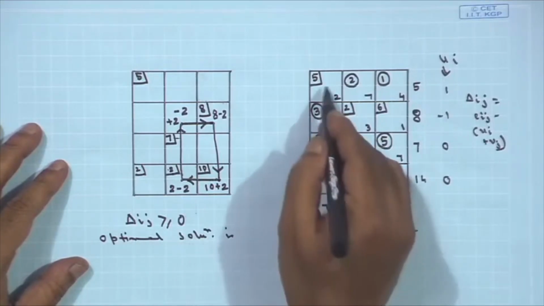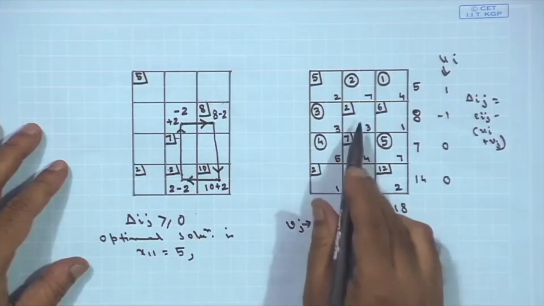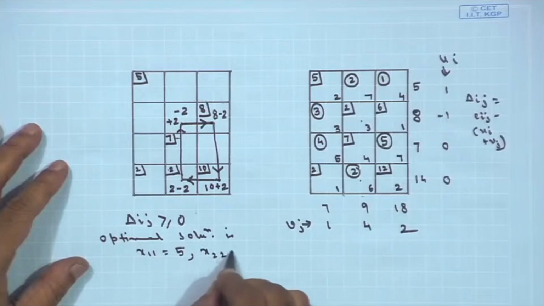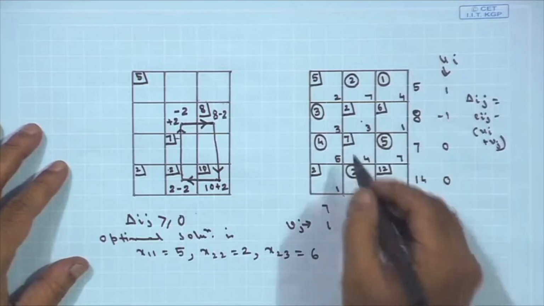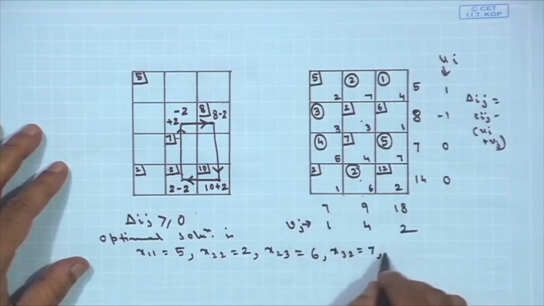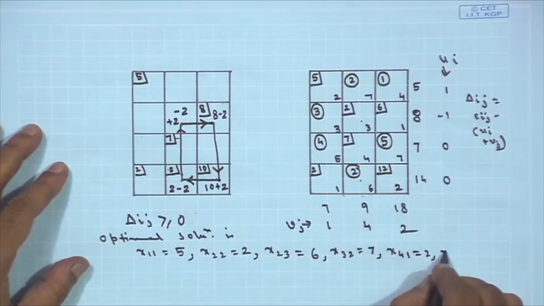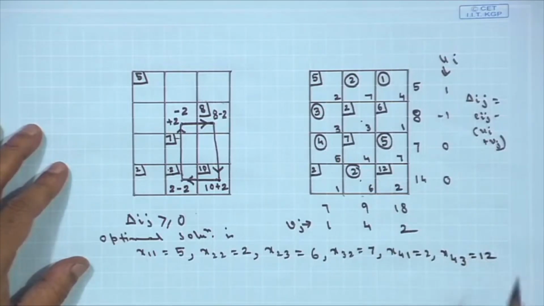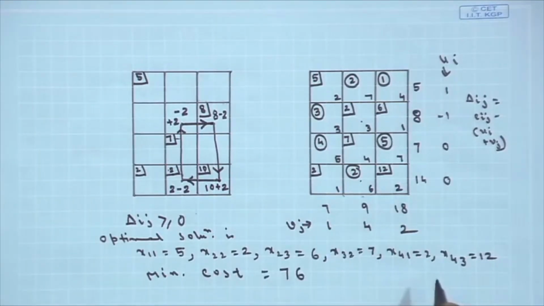Optimal solution is x11 equals 5, then x22 equals 2, x23 equals 6, x32 equals 7, x41 equals 2 and x43 equals 12. And the minimum cost, if you calculate, you will see the minimum cost is 76.